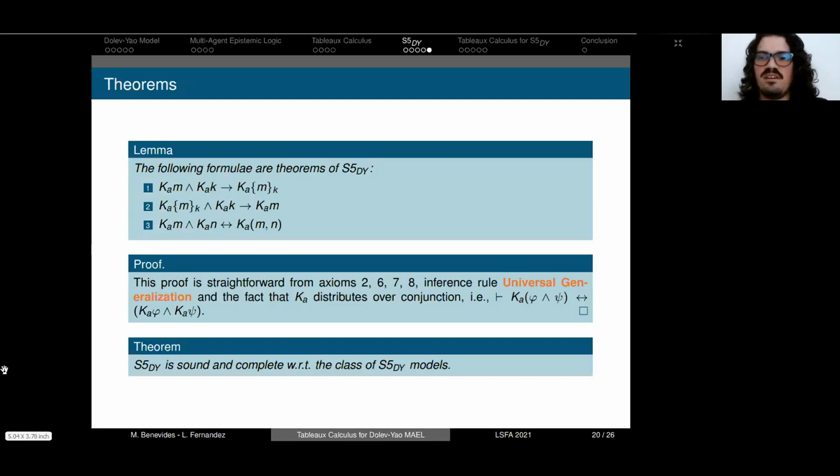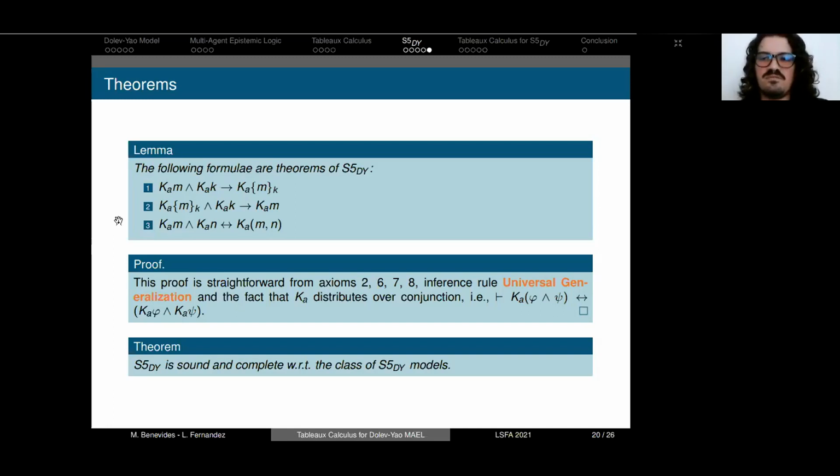Then we have as lemmas these three theorems to use in our system. An agent knowing a message and a key implies he knows the message encrypted under that key. If he knows a message encrypted under the key and he knows that key, then he knows the decrypted message. And he knows the pair MN if and only if he knows M and he knows N.